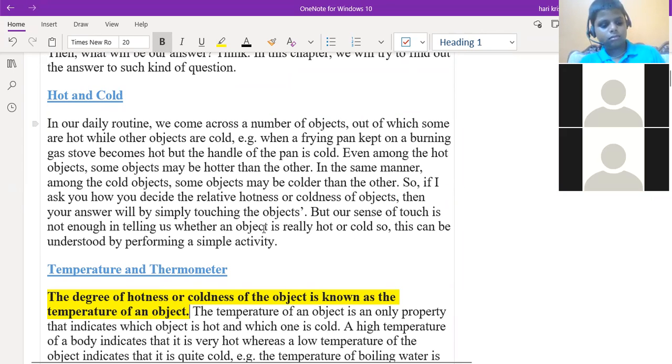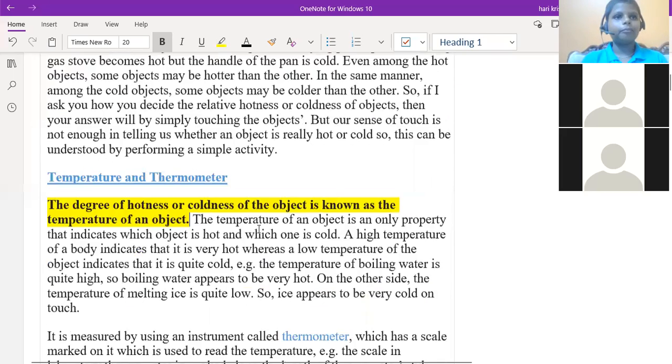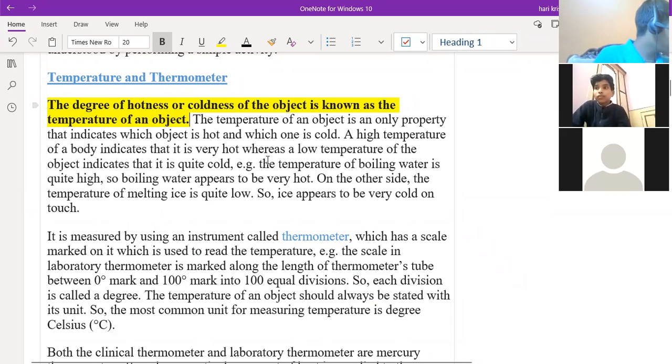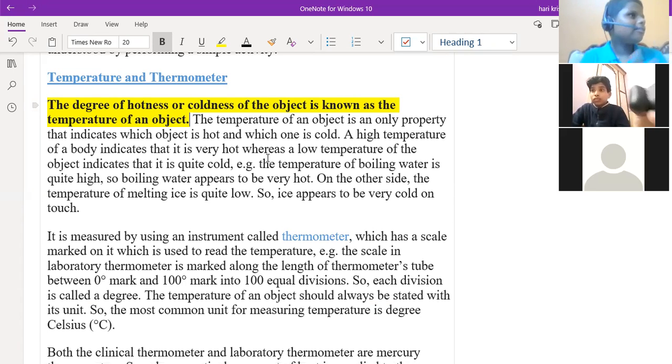With the help of our senses, you can say whether the object is hot or cool. But we cannot measure everything with the help of the senses, because some objects may be a little hot or some objects may be too hot. Yes, sir, they can burn our skin. So everything we cannot measure with our senses, but we can measure the degree of hotness or coldness with the help of an instrument called a thermometer. You can see the basic thermometer near the doctors. Okay, so again, the temperature can be measured in three different scales.